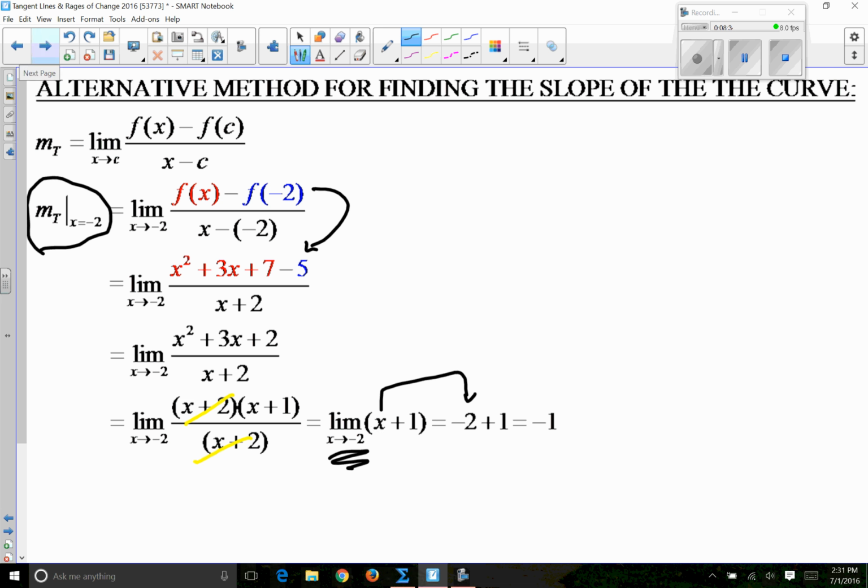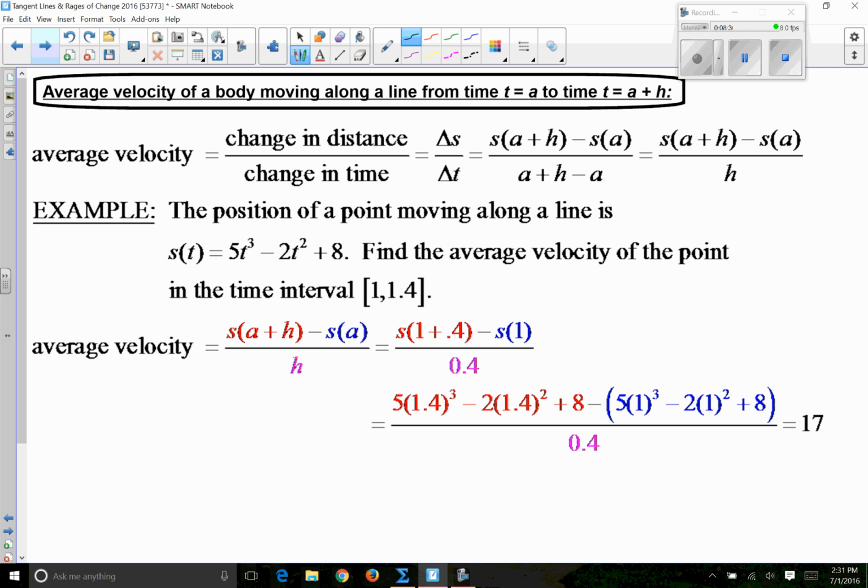Make sure all of this is written down. The average velocity of a body moving along a line from time t equals a to time t equals a plus h is equal to the change in distance divided by the change in time, symbolized delta s over delta t.